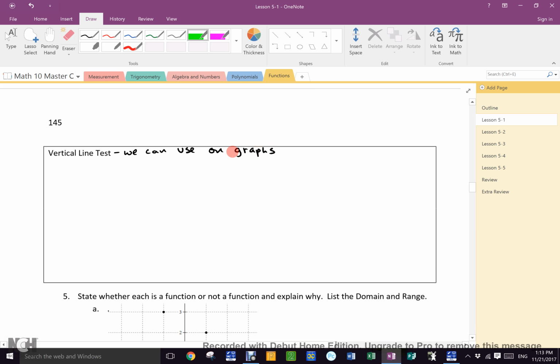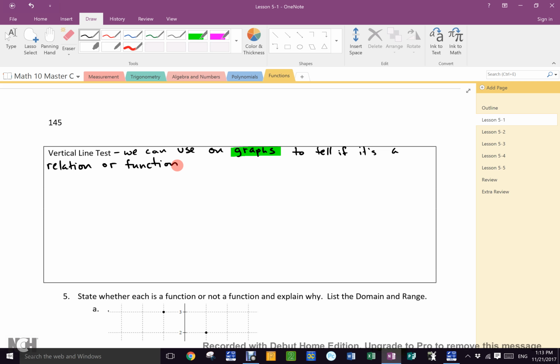Please highlight graphs because it only works on graphs. Okay. I'll let you finish writing that down.